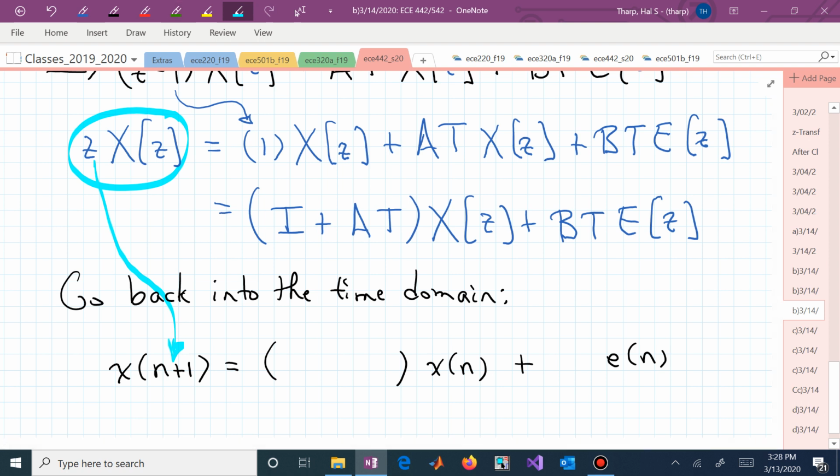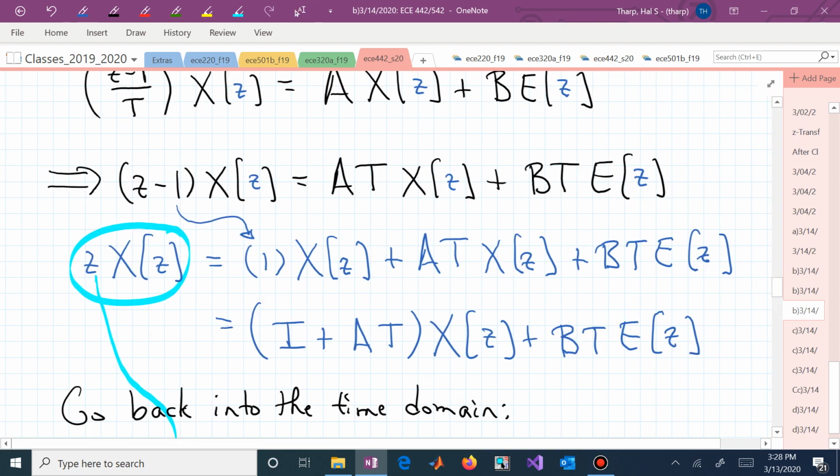Those will now just come straight through with little x of n and little e of n, so that the system matrix that is now scaling the state vector in the discrete equivalent is I plus A T. And the input matrix that weights the input E of n is capital B T.